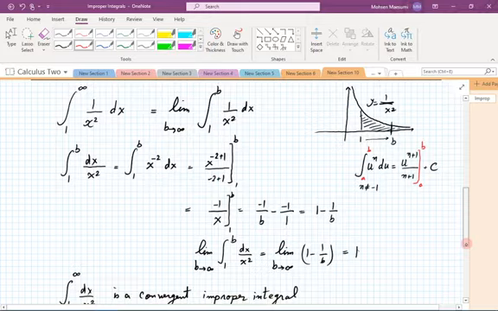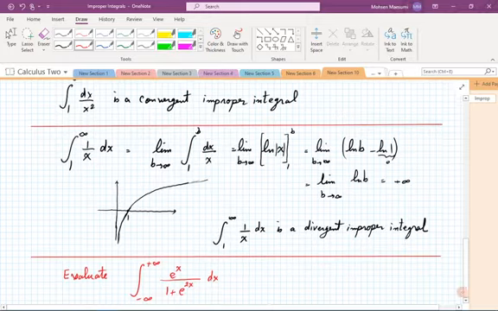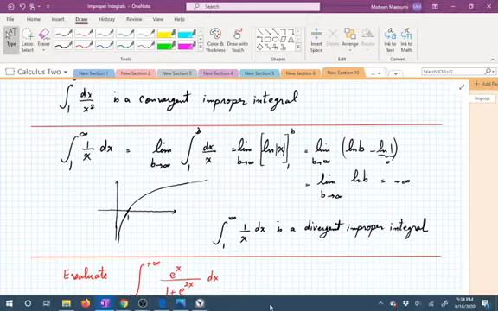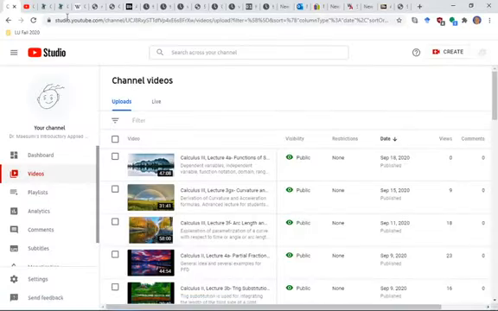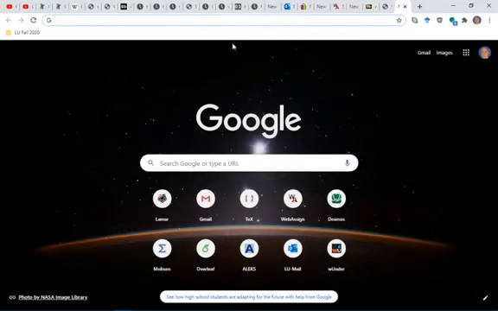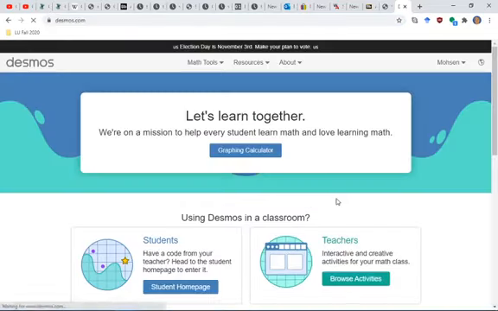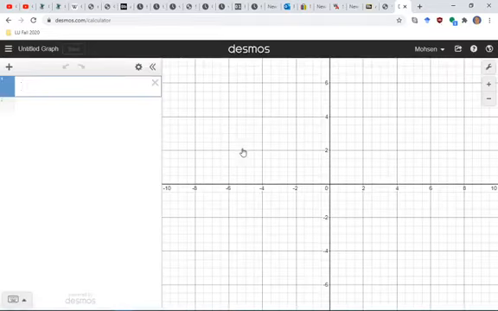Yeah, let me show you a quick way of doing this so that you have something to work on. Let me open my Desmos calculator.